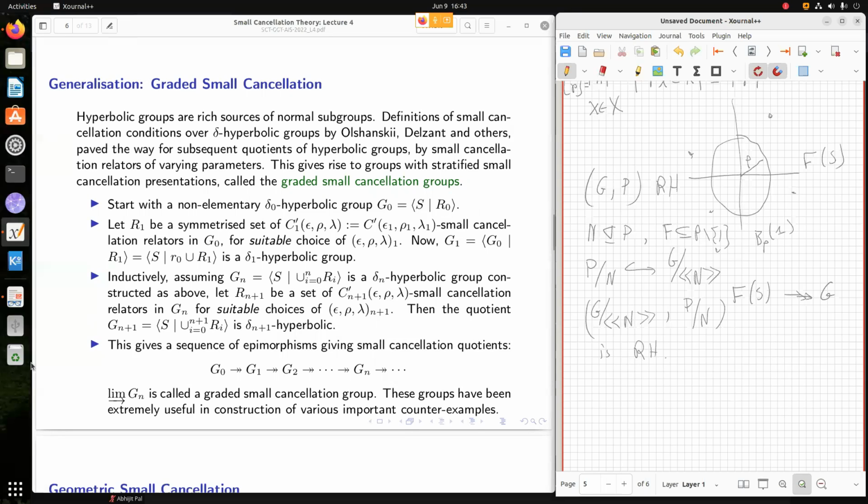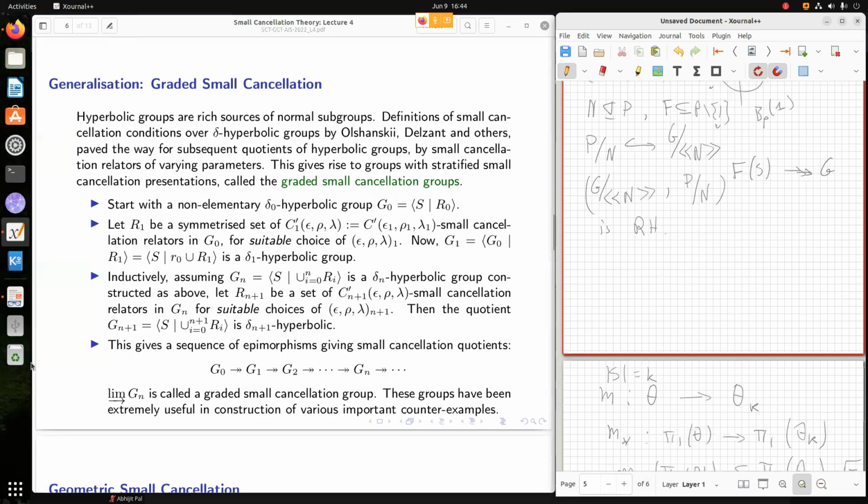And this is a result by Olshanskii, Osin, and Sapir that groups obtained like this, the graded small cancellation groups, are lacunary hyperbolic. Not only that, they have a very nice structure of asymptotic cones. Their asymptotic cones can be either a real tree or a circle tree. By a circle tree I mean trees made out of circles, where you replace edges by circles, something like that. This is proven by Olshanskii, Osin, and Sapir.